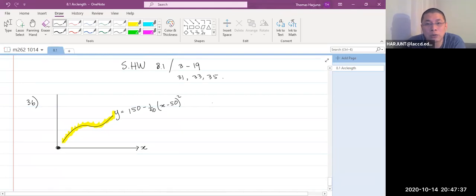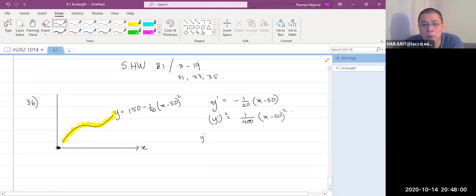So y equals that. So y prime is equal to negative 1 over 20 times x minus 50. When I square it, I get 1 over 400 times x minus 50 squared.